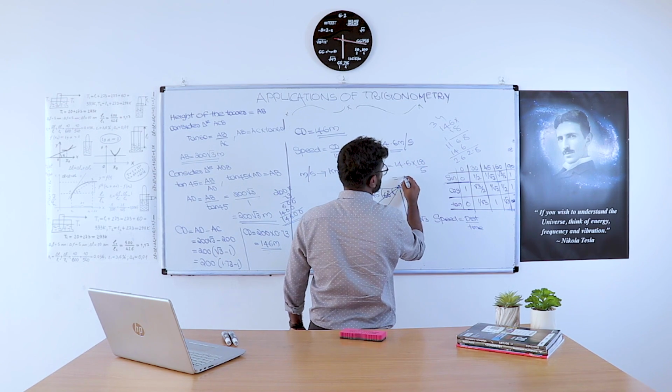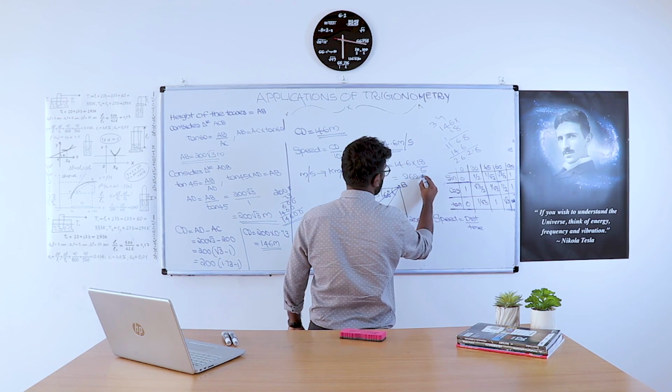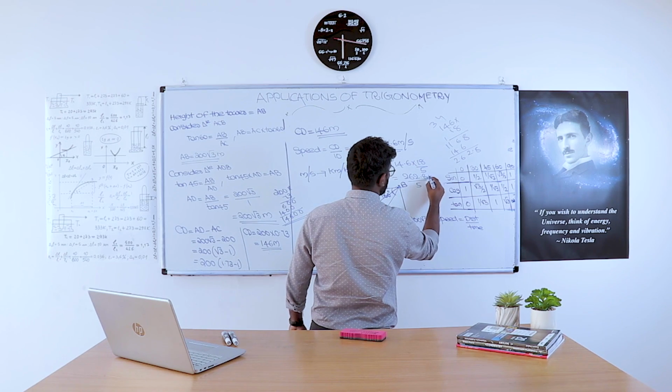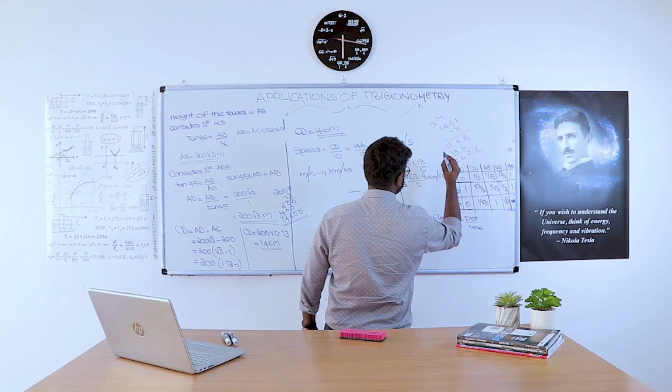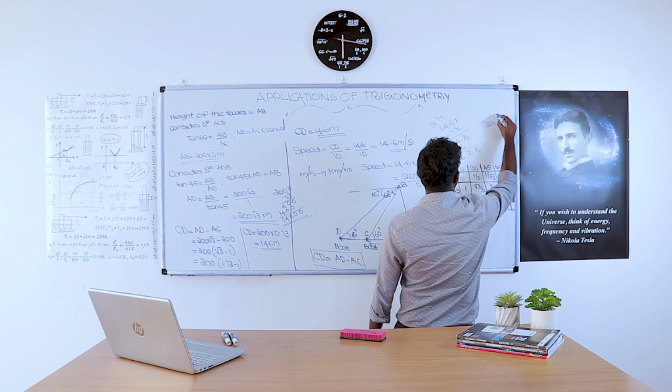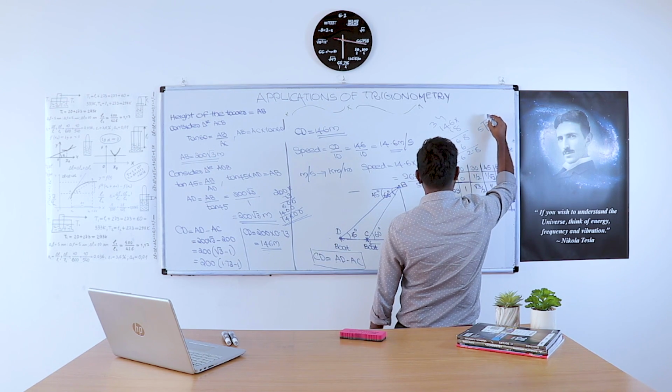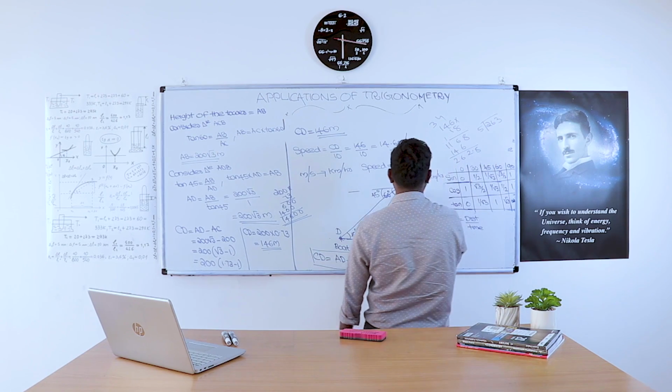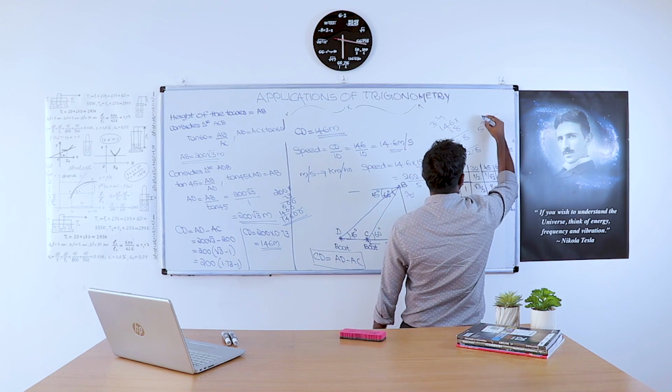That is equal to 262.8 by 5 kilometer per hour. That is approximate; I will take it as 263 divided by 5. 262.8 is approximated to 263.